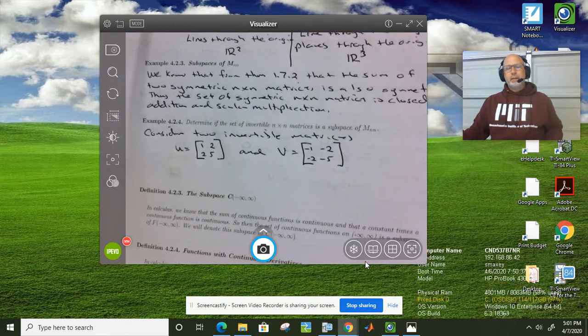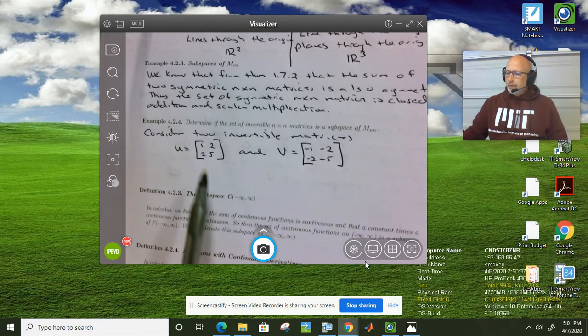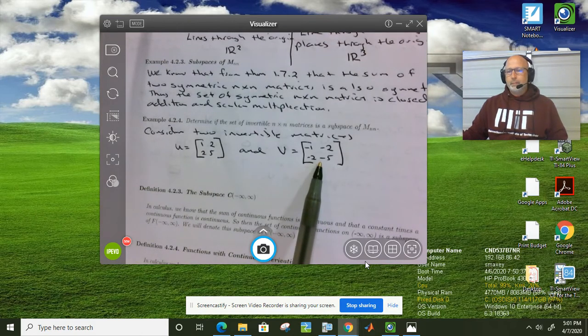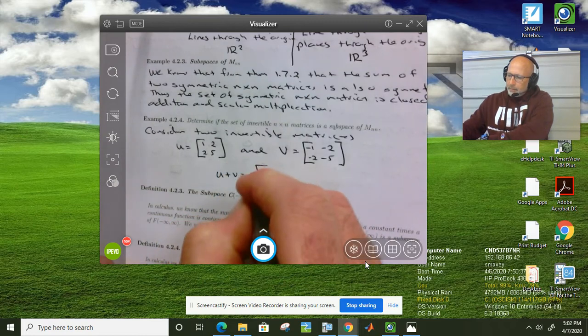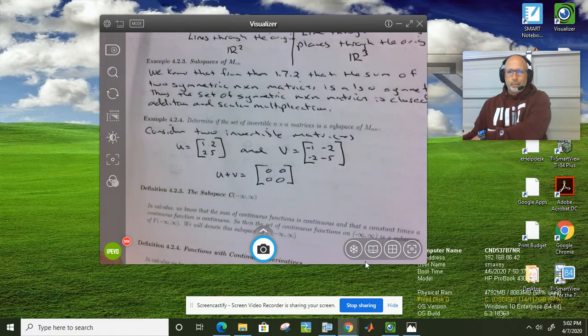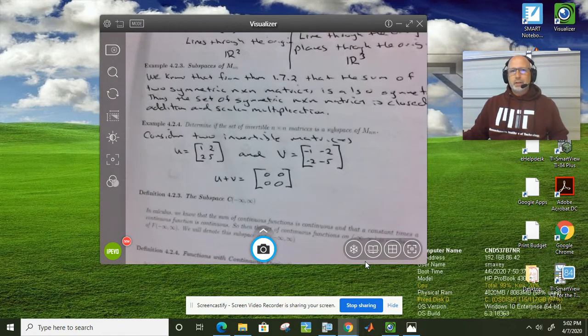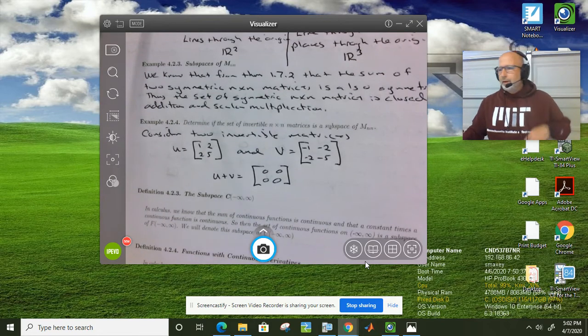You can check that these two are invertible simply by taking the determinant of each. For U, 5 minus 4 gives you 1, which is not 0, so it is invertible. V is also an invertible matrix. But notice that U plus V gives the matrix of all 0s, which is the zero matrix, and that is not invertible. So it is not closed under addition, and therefore the set of invertible n by n matrices is not a subspace.